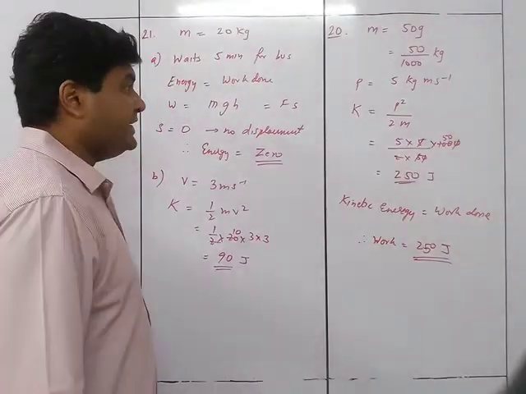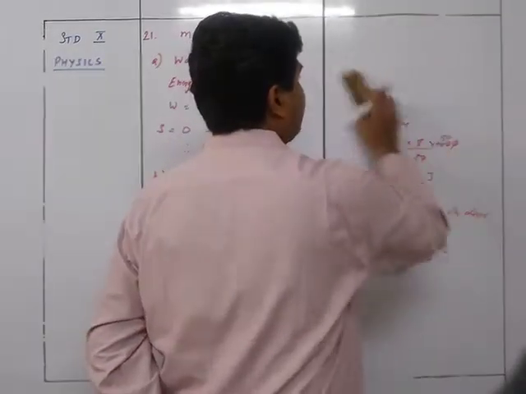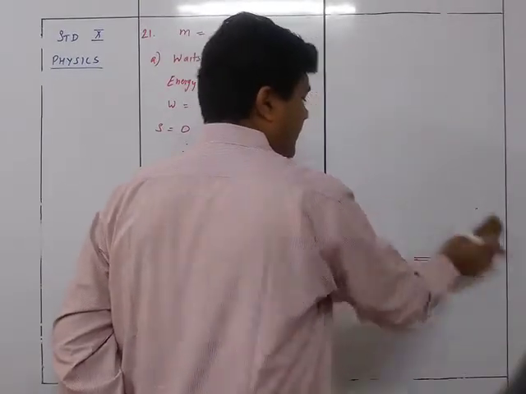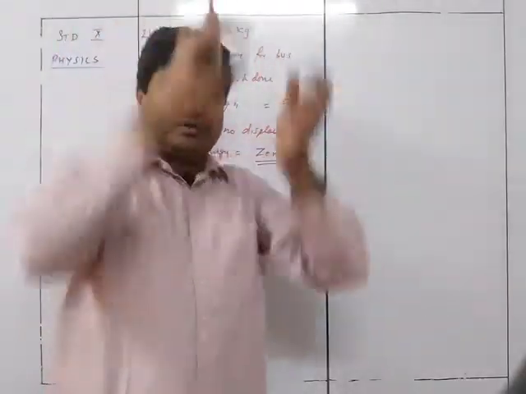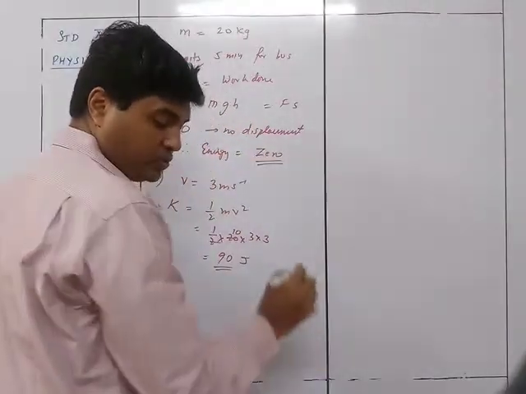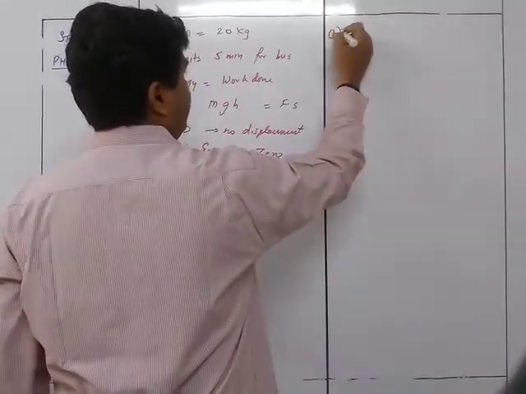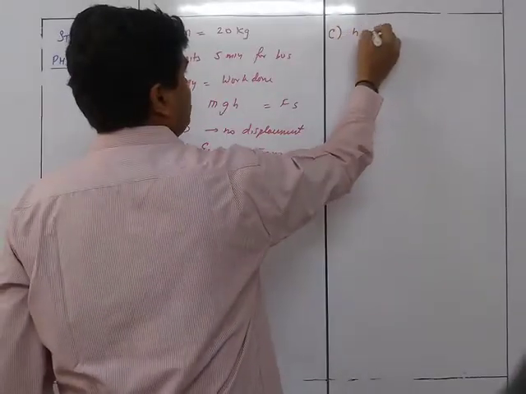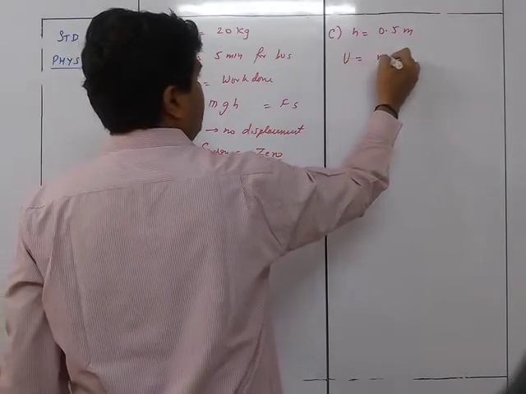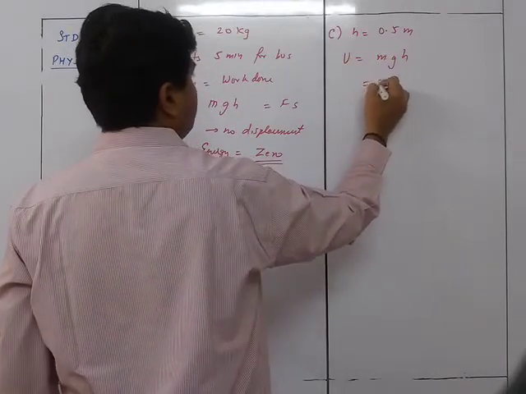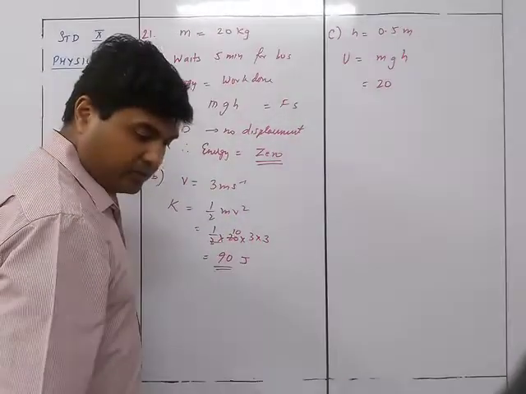The third thing is raises. He is raising the box at a height of 0.5 meter. That is, he goes inside the bus and places it up, right? So that is the C part. We know that H is equals to 0.5 meters. So U is equals to mgh. So it's 20, and they have taken g to be 10.